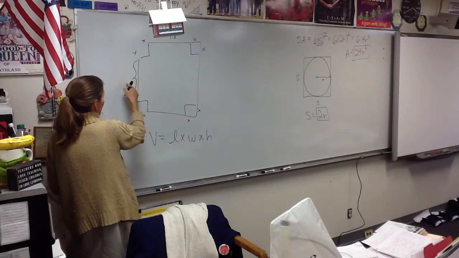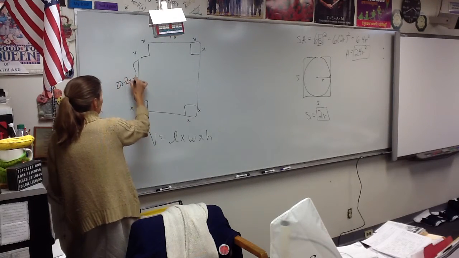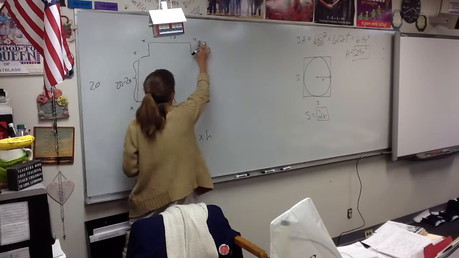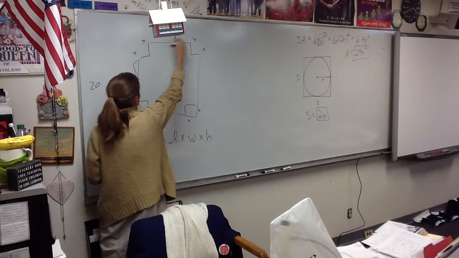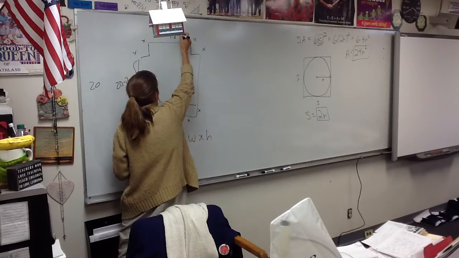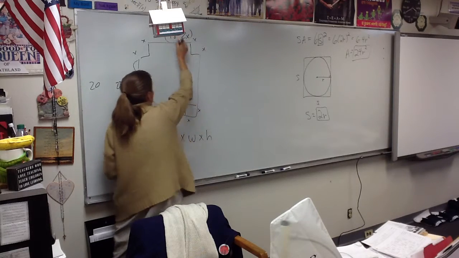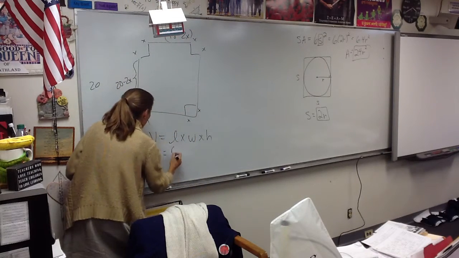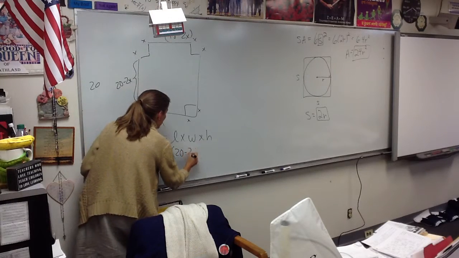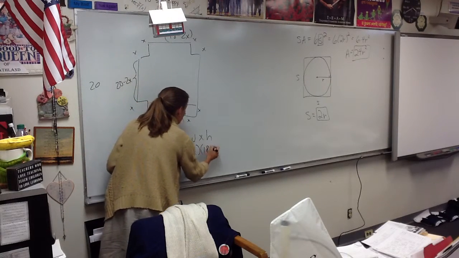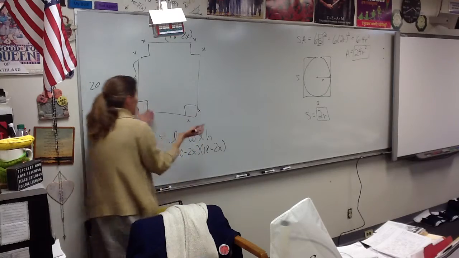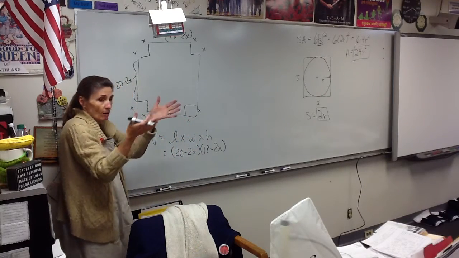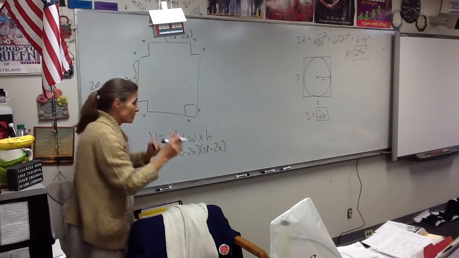What is this now? 20 minus 2x. And similarly, you cut out these two, so this is now 18 minus 2x. So your length is 20 minus 2x. Your width is 18 minus 2x. And what's your height? X. Your height's x. Remember, we looked at that yesterday when we made our boxes.